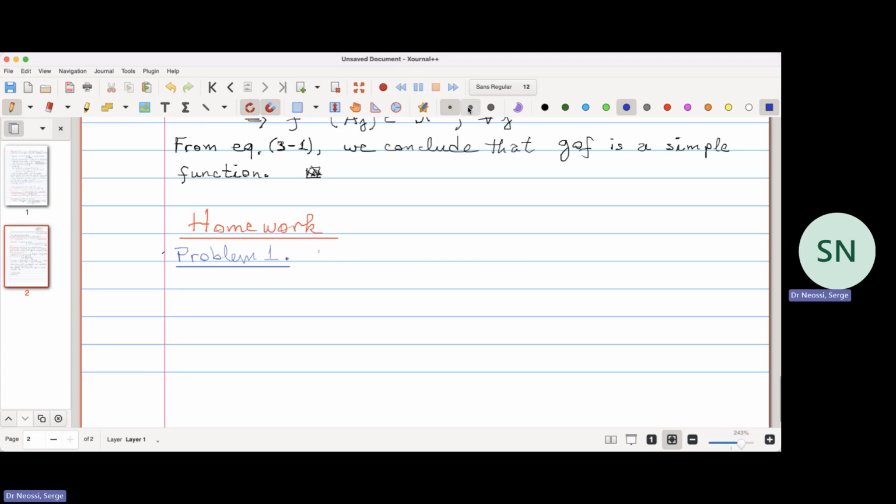In the following, we let calligraphic K and calligraphic K prime be two collections of subsets of X, where X is a non-empty set.